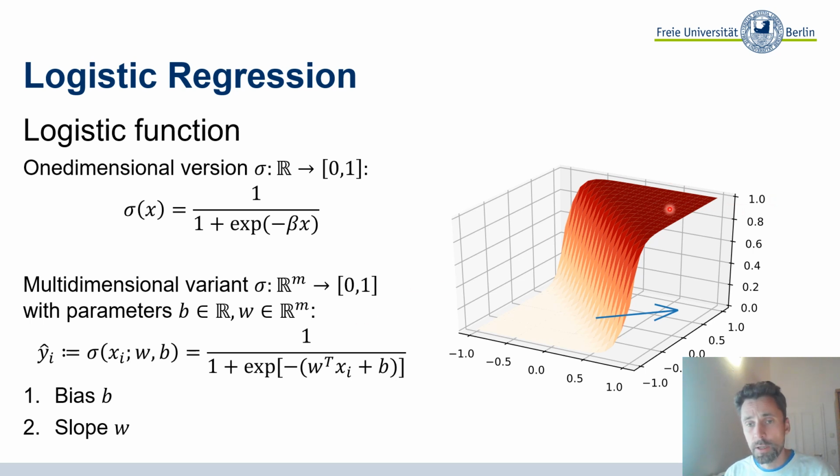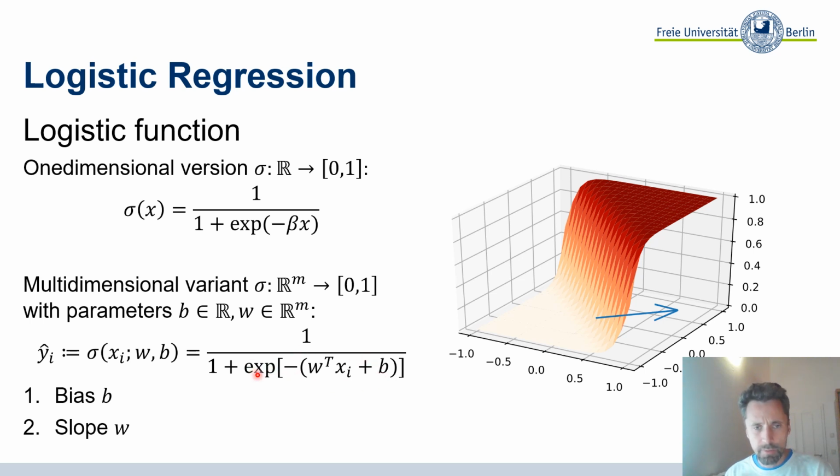So the plateau here is for all the different vectors that point into directions with a positive dot product. And the opposite is true for vectors pointing away from W. So this will be a large negative value. So with the minus sign here, this will be a large positive value.